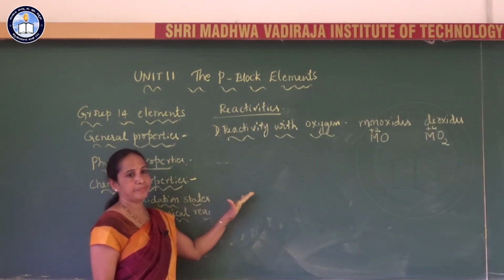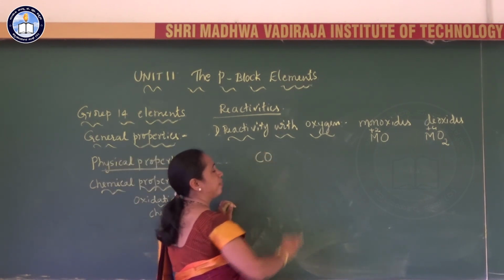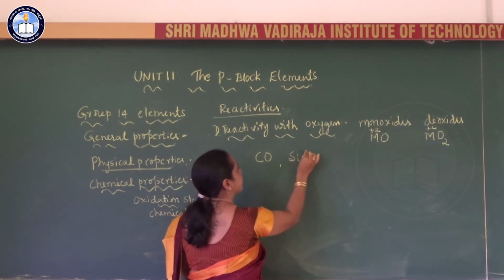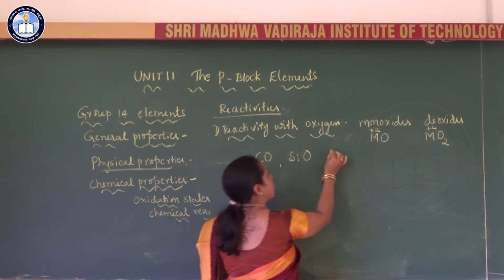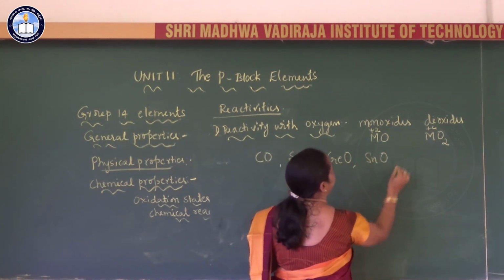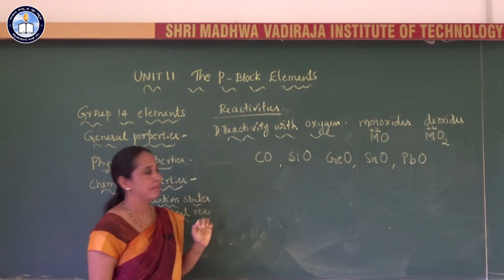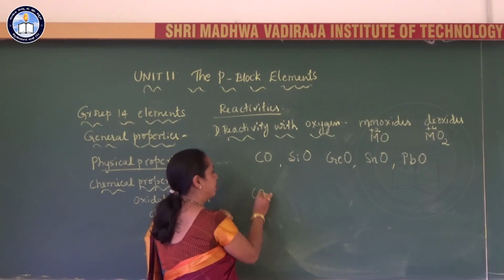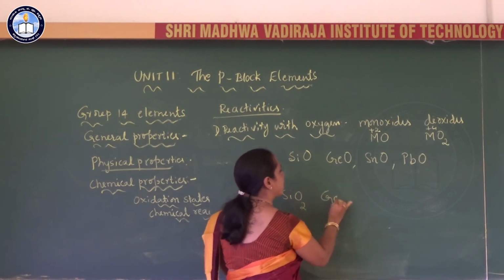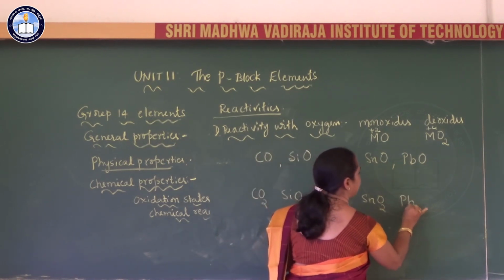If we consider monoxides: carbon monoxide, silicon monoxide SiO, germanium monoxide GeO, then SnO and PbO. These are the monoxides formed by 14th group elements. And the dioxides: carbon dioxide, silicon dioxide, germanium dioxide, tin dioxide and lead dioxide PbO2.